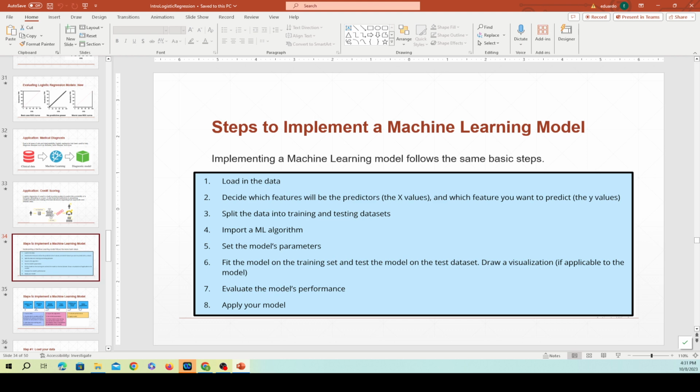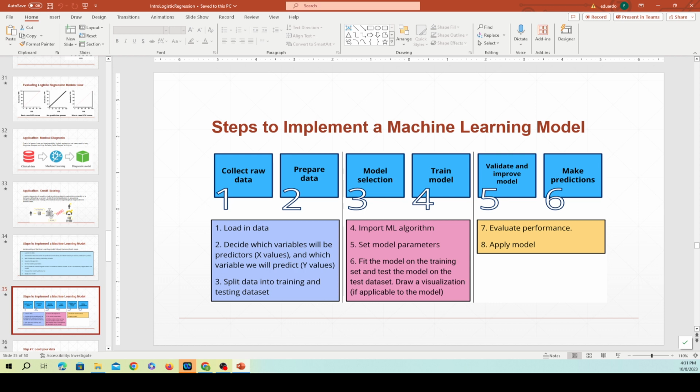We're going to do some visualization if we can, just so that we can see the predictions or have some way to interpret the data, and then evaluate the model's performance using the precision, the F1 score, accuracy, and so on. And then we're going to apply the model.